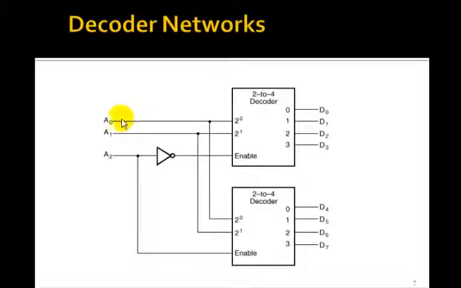And then as A0 and A1 go through 0, 1, 2, 3, the output will go to D0, 1, 2, 3. Then as soon as A2 becomes 1, so you're at, say, 4, 5, 6, and 7, this is 1, this is 0, so it disables the first decoder. These are all zeros. This one's enabled, and now when it goes 4, 5, 6, and 7, the outputs will go 4, 5, 6, and 7.